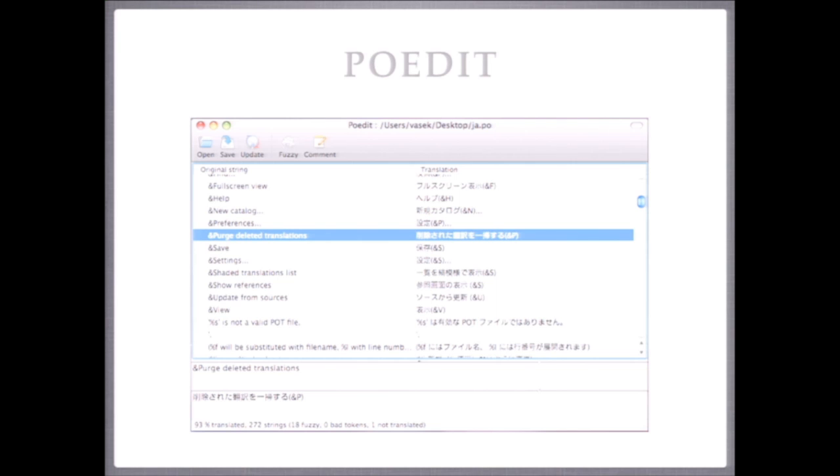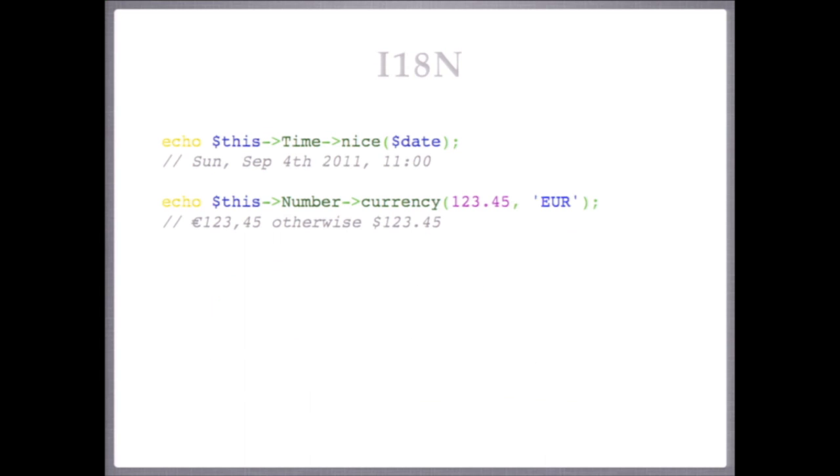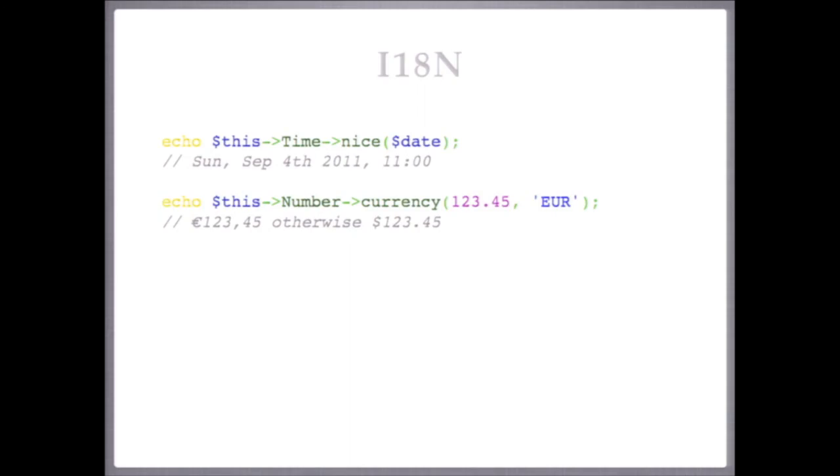It also gives some stats, for example the numbers and the percentage of how much is left or how much is translated. And there are other ways to internationalize your application. You can use the time helper, so it will display correctly in every country. Also currency. You can see an example over there.